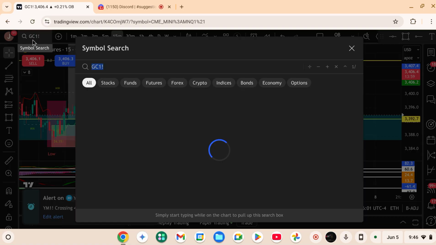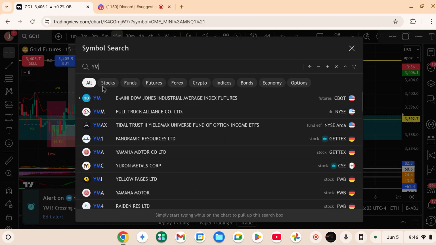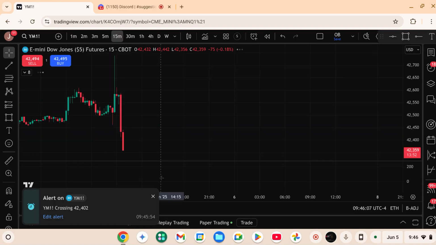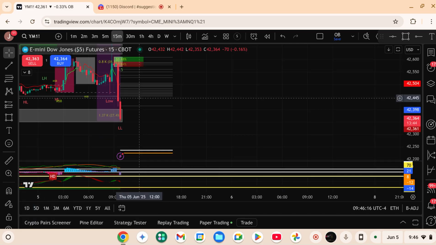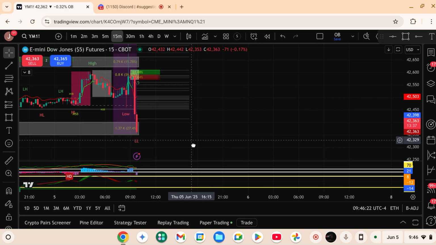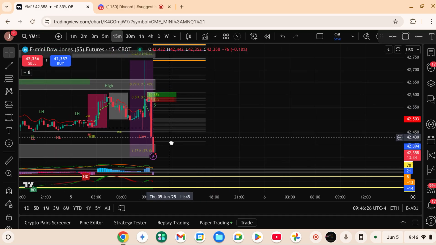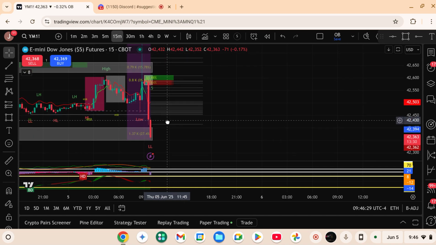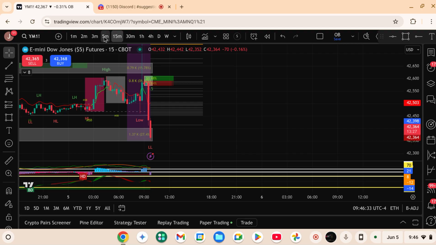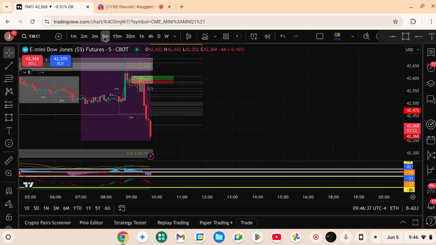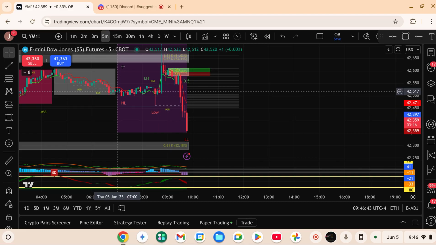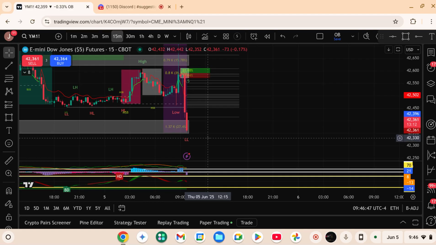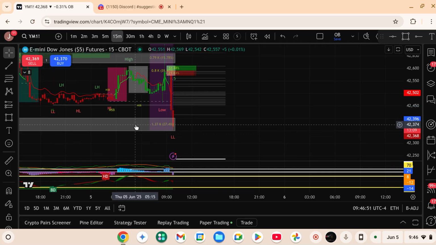Let's look at YM. So earlier I said this order block is still valid.